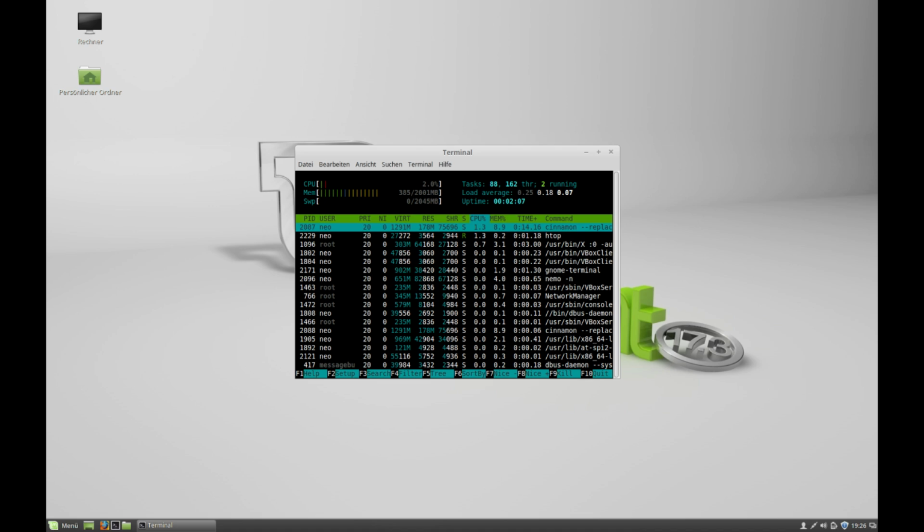The reason for including Linux Mint is that I want to know how much memory the Cinnamon desktop is using. It's also a GTK3 desktop, and the difference to Unity is enormous. It is using 385 megabytes of RAM, and that's 300 megabytes less than the Unity desktop.